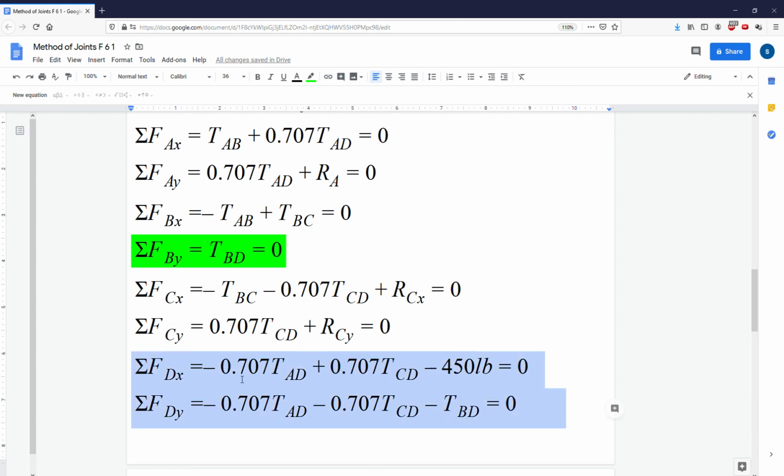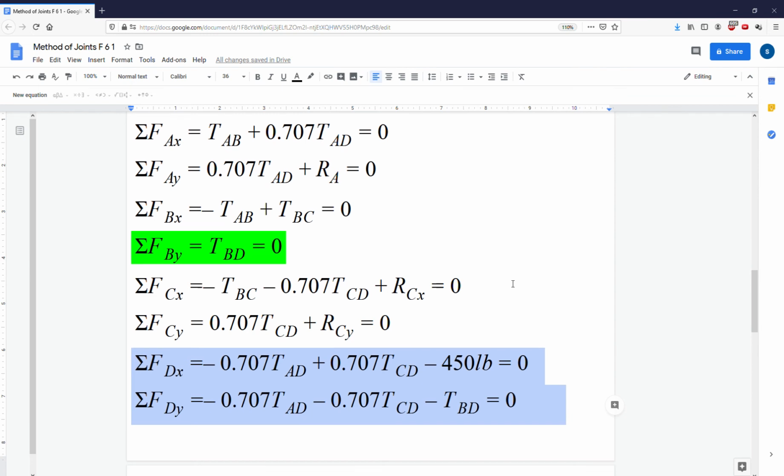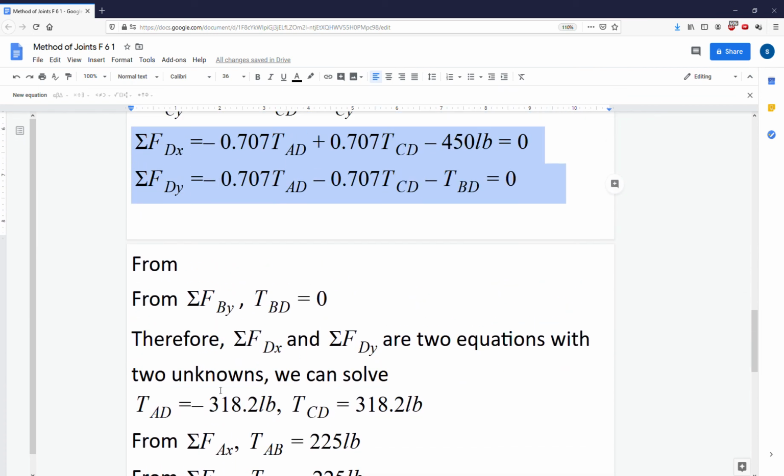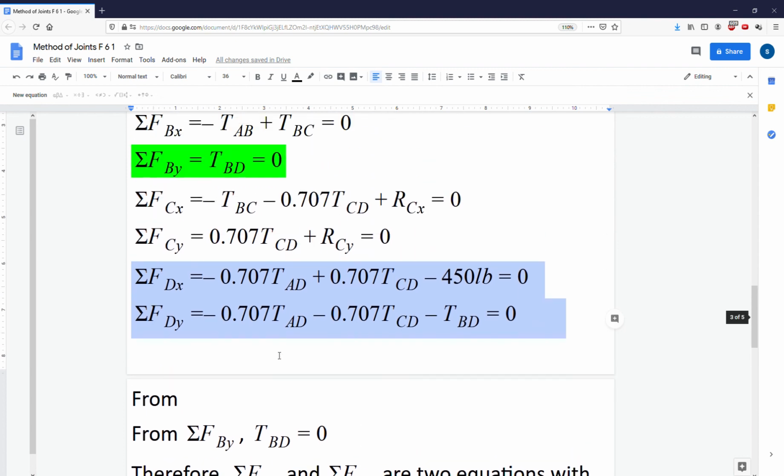Now there are no other equations that we can do this with just yet. However, notice that the two sum of forces on D equations, if we know that TBD is 0, the only two unknowns left in these two equations are TAD and TCD. We can solve this as a system of 2 linear equations, 2 unknowns and 2 equations, which will give us the values TAD is equal to negative 318.2 pounds and TCD is equal to positive 318.2 pounds.